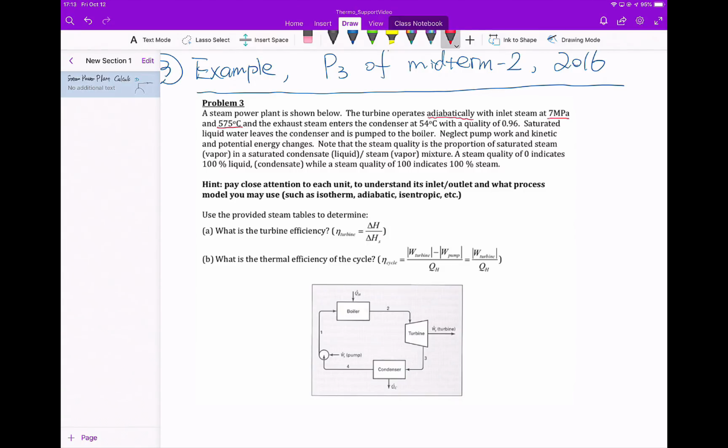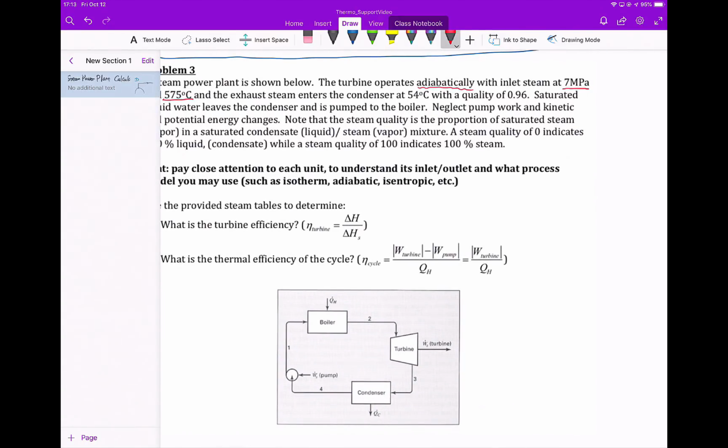So I'm going to have this specified over here. Let me take a look at this, correct.